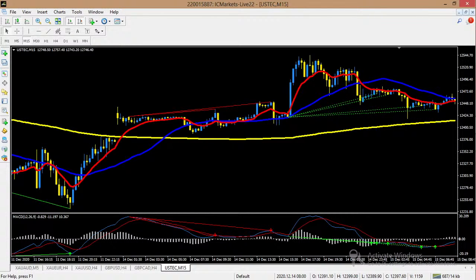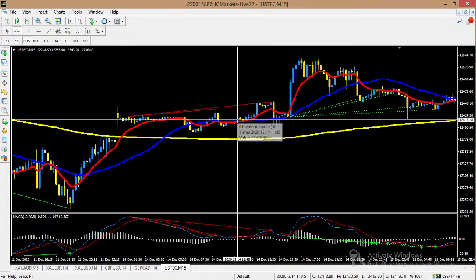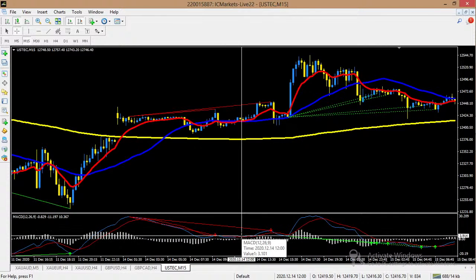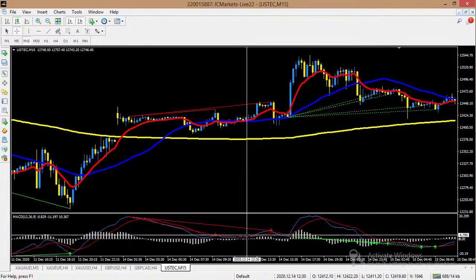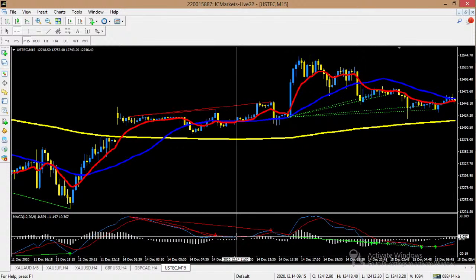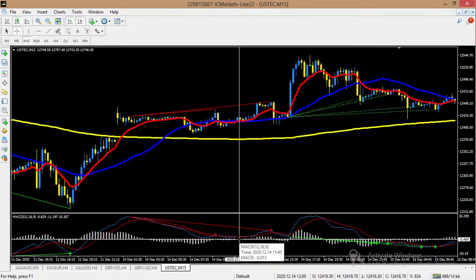And at the same point the 10 moving average crossed back above the 34 moving average, and when you look at the MACD signal lines here, the blue also crossed above the red. And remember, regardless of the retracements, the two signal lines did not cross below the zero line level.